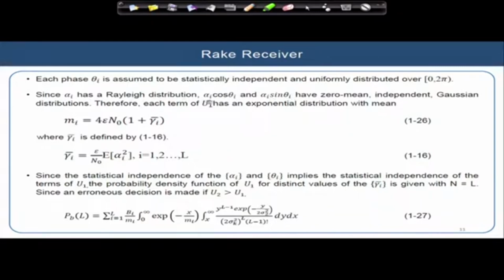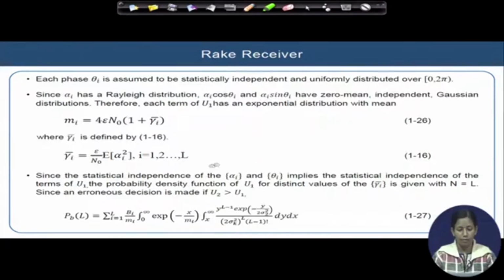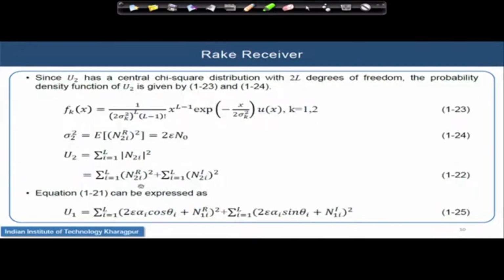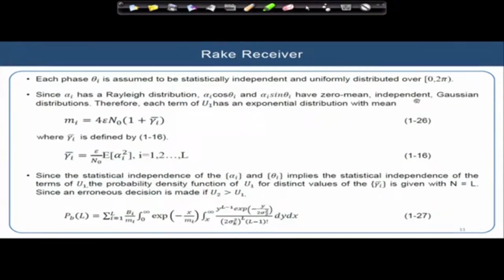Therefore, alpha I cos theta I and alpha I sin theta I have zero mean and independent Gaussian distributions, as in equation 1.25. This is the real part and the imaginary part, and both have a zero mean independent Gaussian distribution.